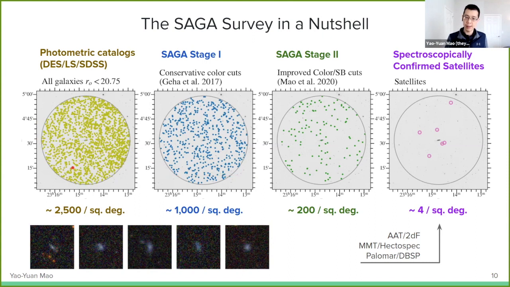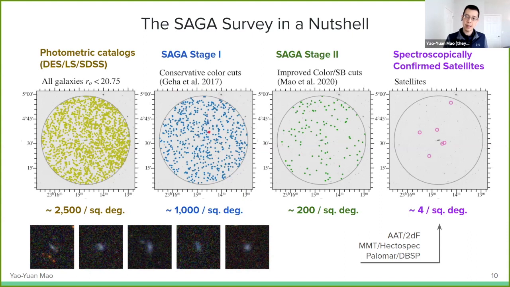Since background galaxies are redshifted, they have much redder color, so you can make a very safe color cut to remove things that you know are absolutely redshifted outside of the possible color range for dwarf galaxies. That will still leave about 1,000 per square degree in the field of view.